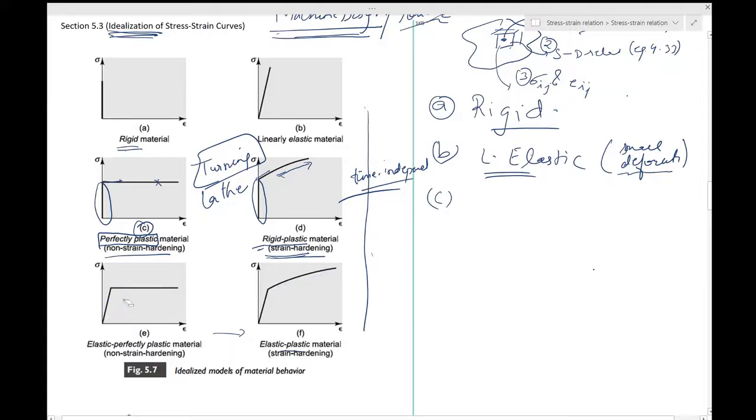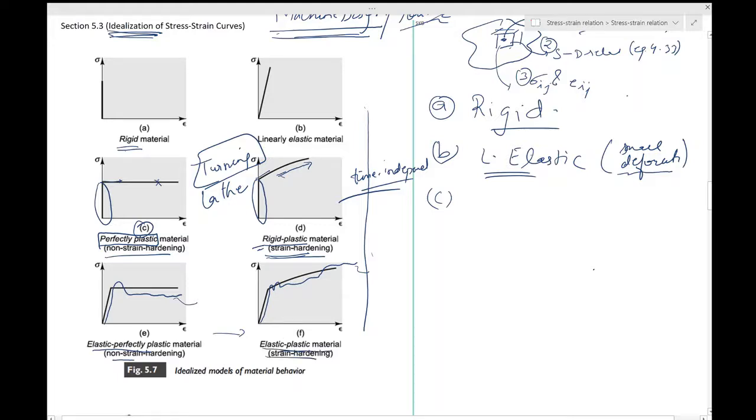Okay, so what I mean is, in reality the stress strain curve may look something like this. Okay, but you can idealize it as an elastic perfectly plastic material, this black line which you see. Similarly, in this case, your actual stress strain graph may look something like this. Okay, and as you know, this is a very complicated stress versus strain graph, but you can idealize it as this elastic plastic strain hardening kind of material.